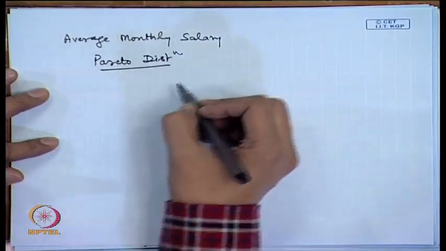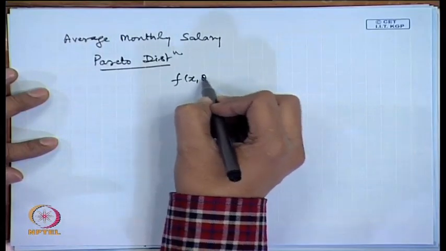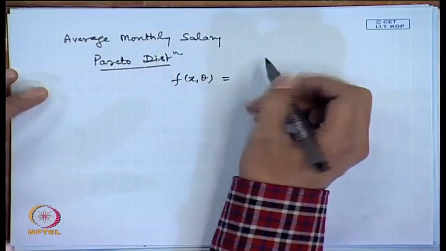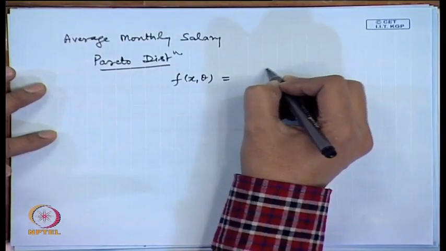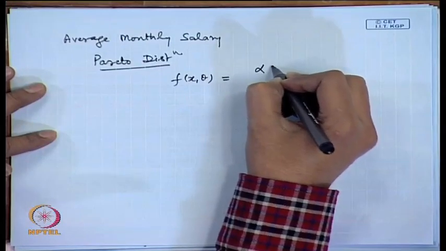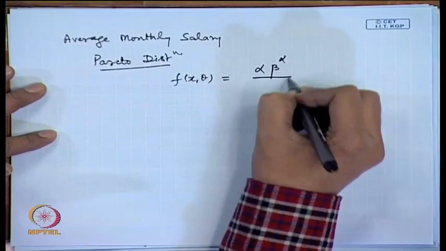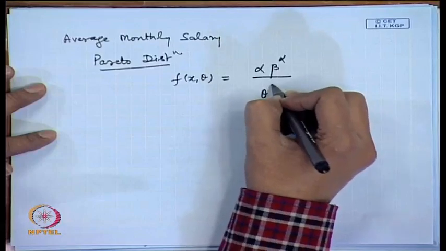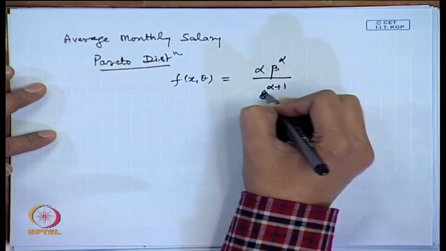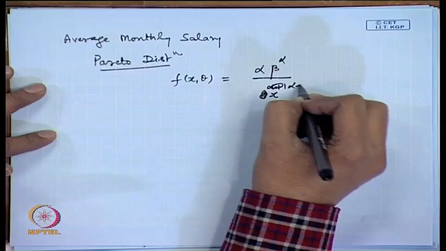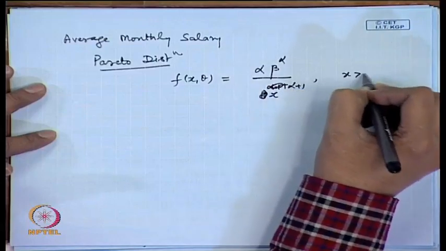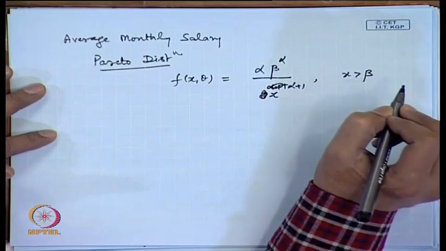So, a Pareto distribution is a continuous distribution, and the density function is of a given form, say alpha beta to the power alpha divided by theta to the power alpha plus 1, x to the power alpha plus 1, where x is greater than beta.